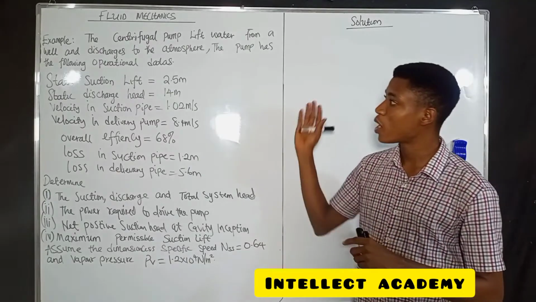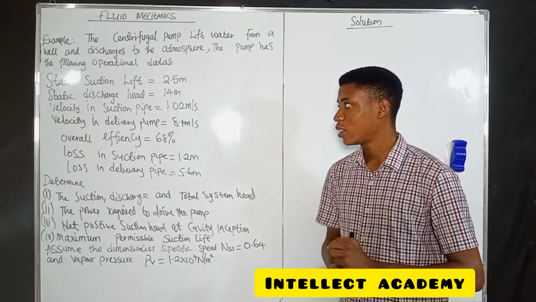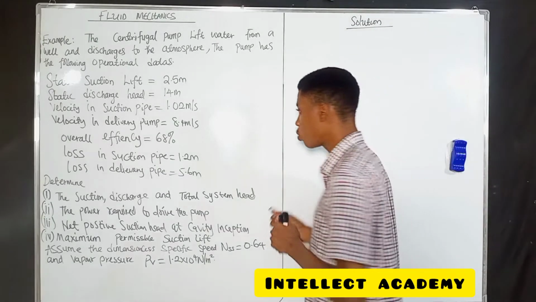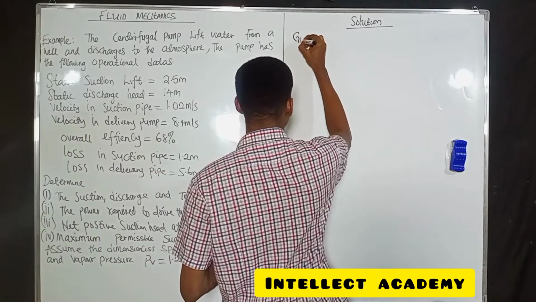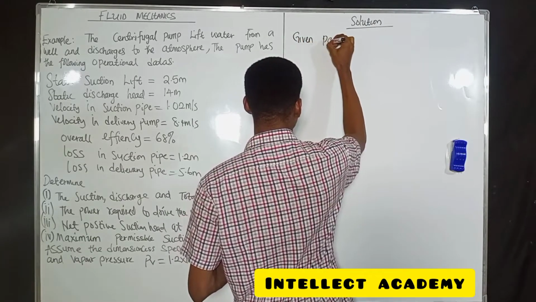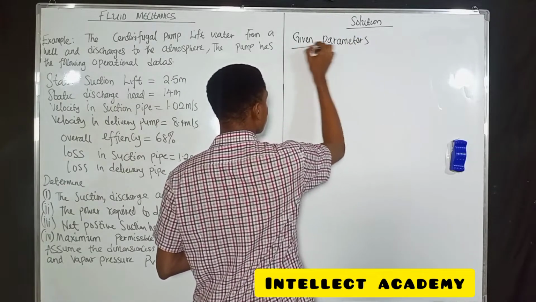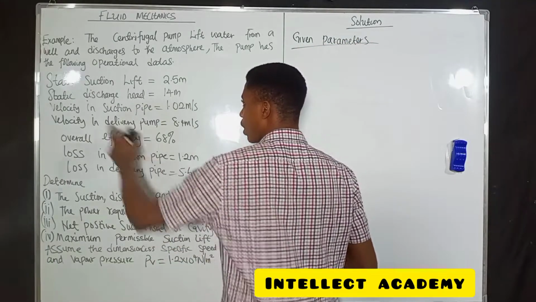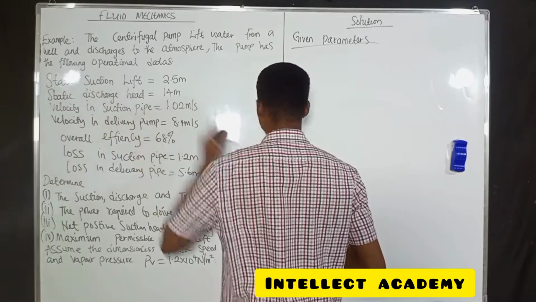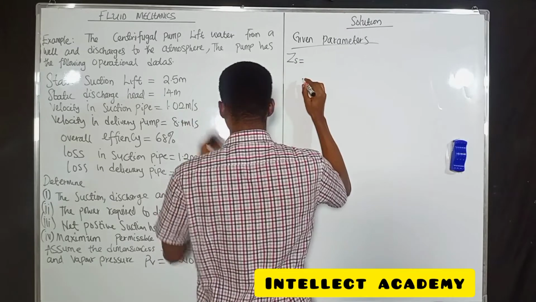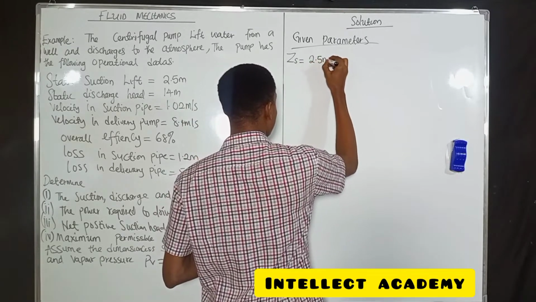So now the pump has the following operational data. Number one, they have the static suction lift. So we're going to write our given parameters. First of all, we're given our static suction lift, which we signify as Zs. We're given this as 2.5 meters.